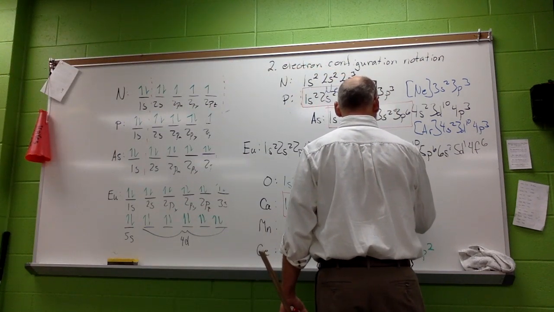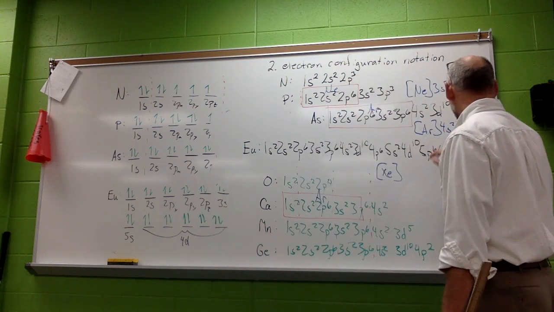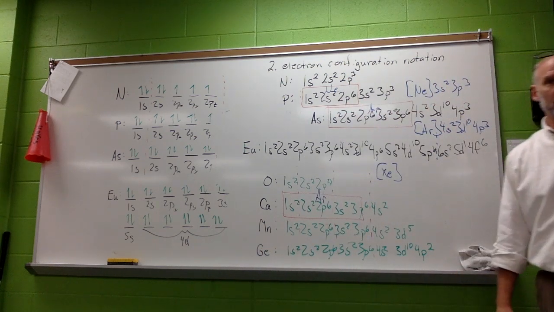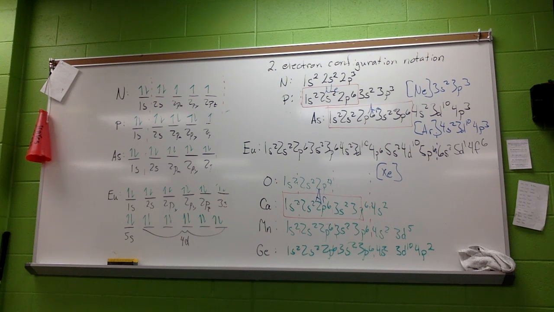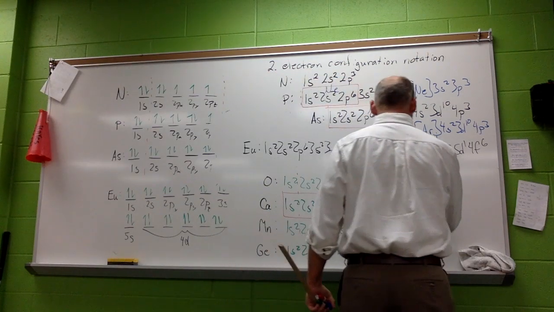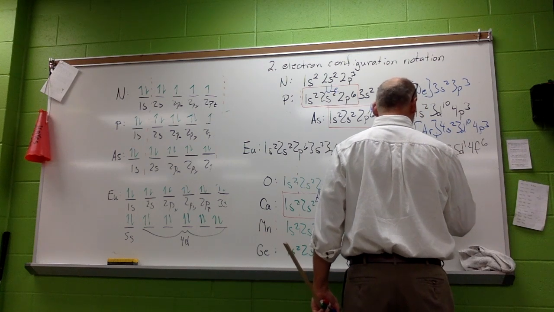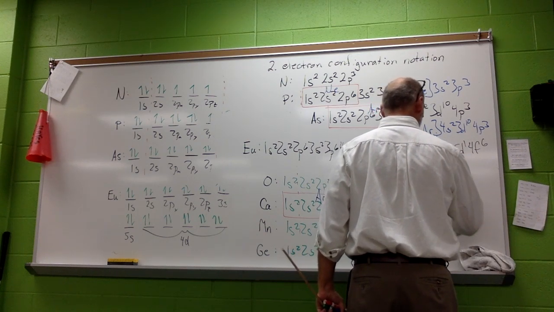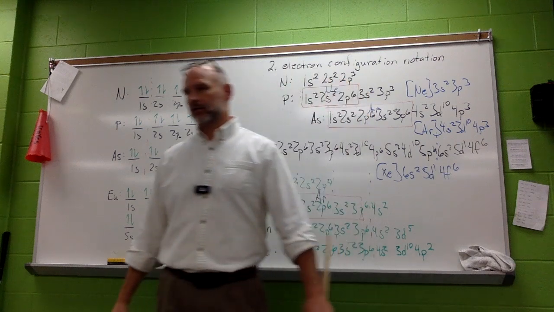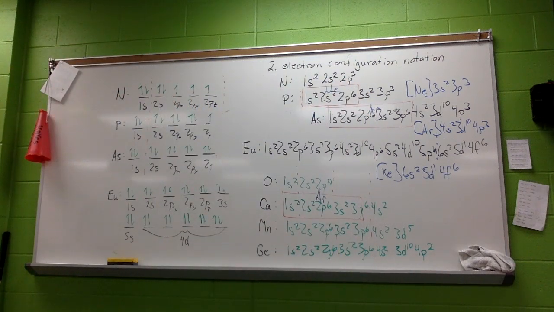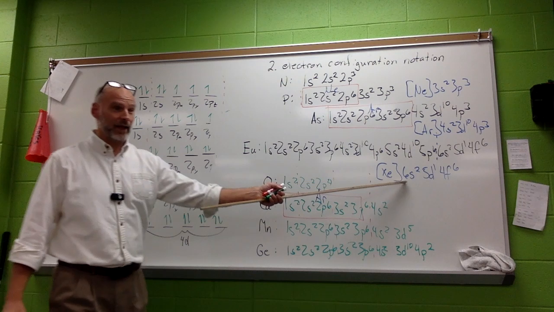So you put xenon in brackets, which represents, I believe, the 5p6. Would you guys agree with that? 5p6, and just do the stuff after that, which would be 6s2, and depending on the periodic table you're looking at, either 5d1, 4f6, or 4f7. Now that's a thing, isn't it?